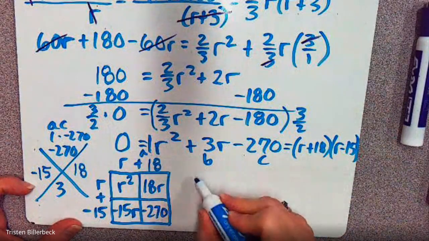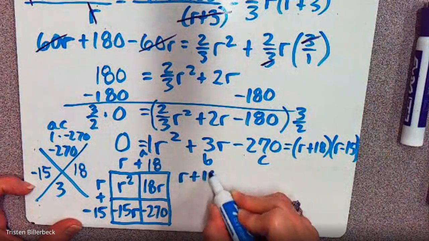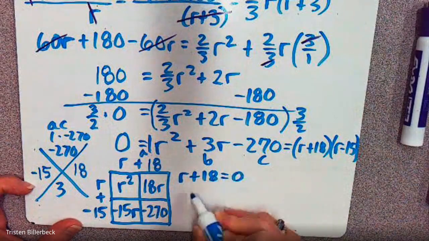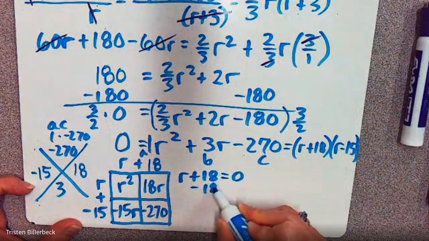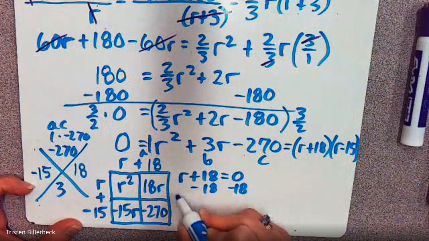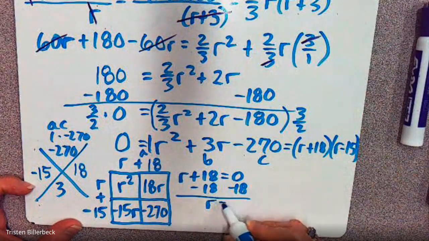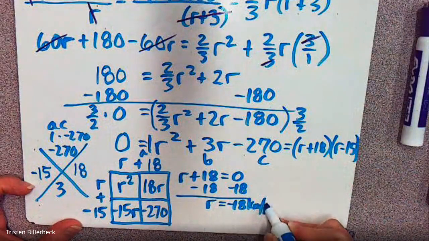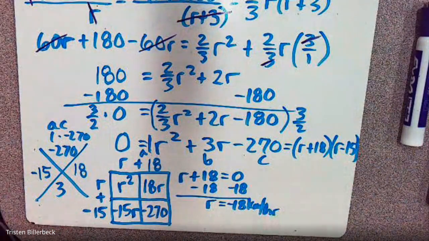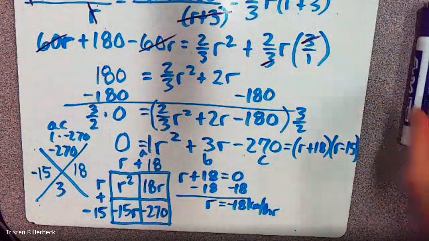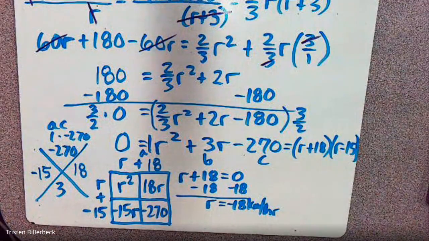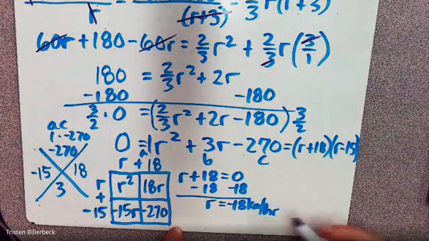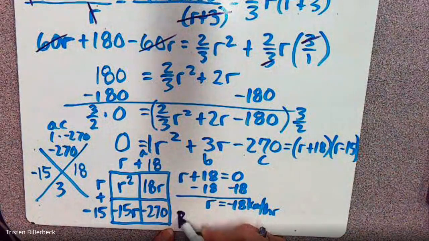Okay, so we have r plus 18 equals 0. We subtract 18 from both sides. And we have r equals negative 18 kilometers per hour. We say, wait a second. Wait 1 second. Can you go negative kilometers per hour? No, this is bogus.